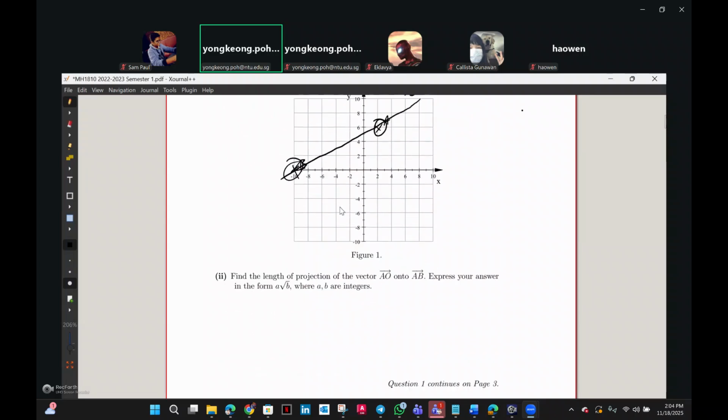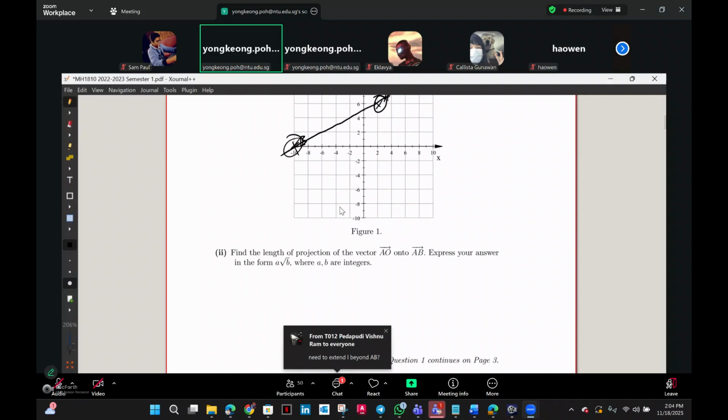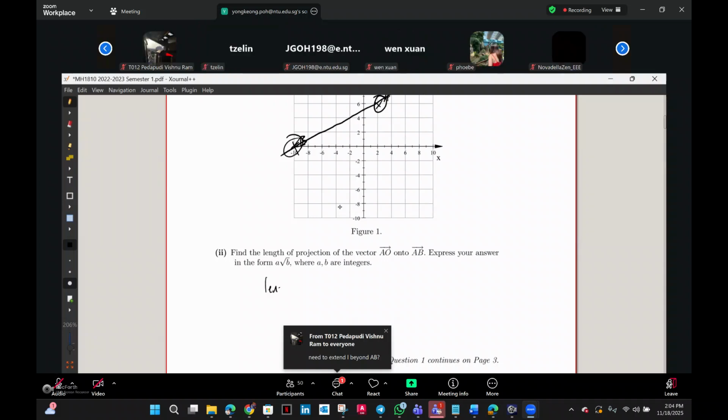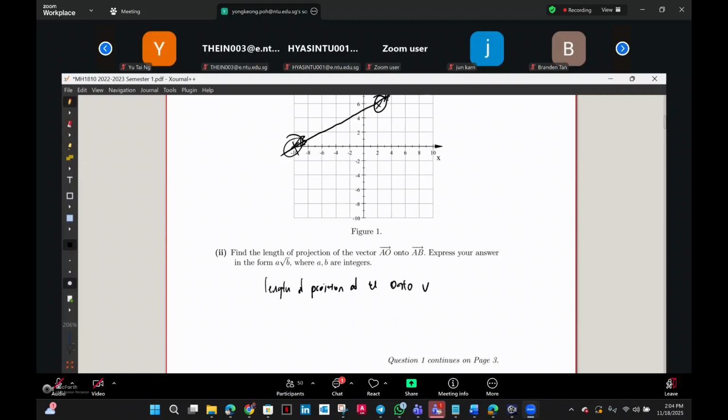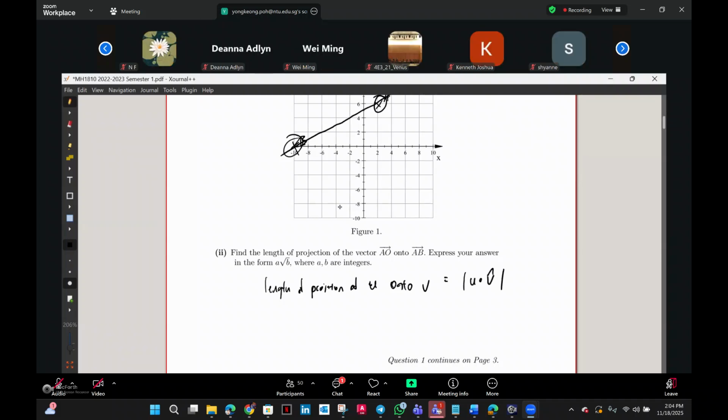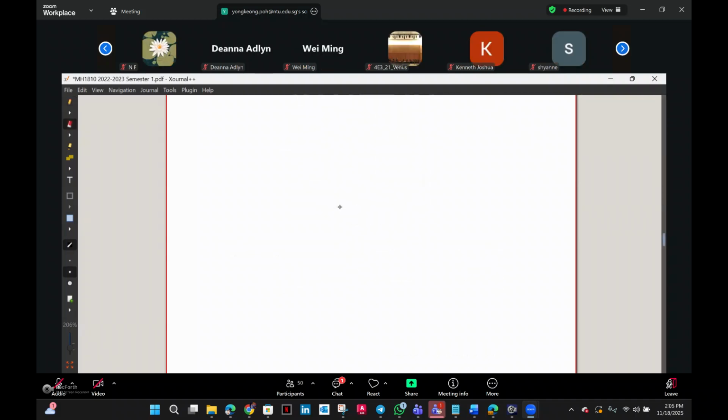Then for part 2, we want to find the length of projection of AO onto AB. The length of projection of U onto V is equal to the dot product of U with V hat.